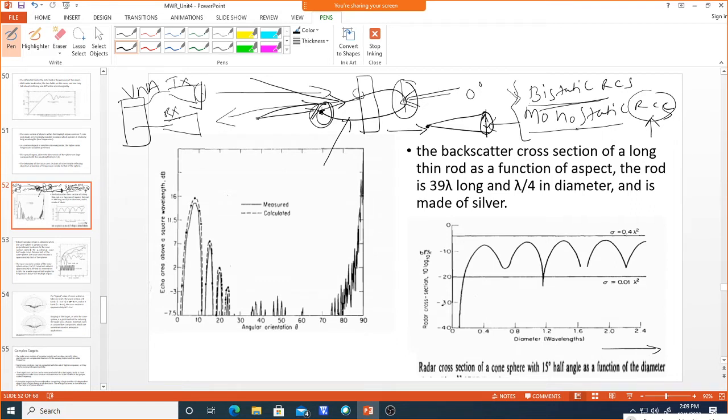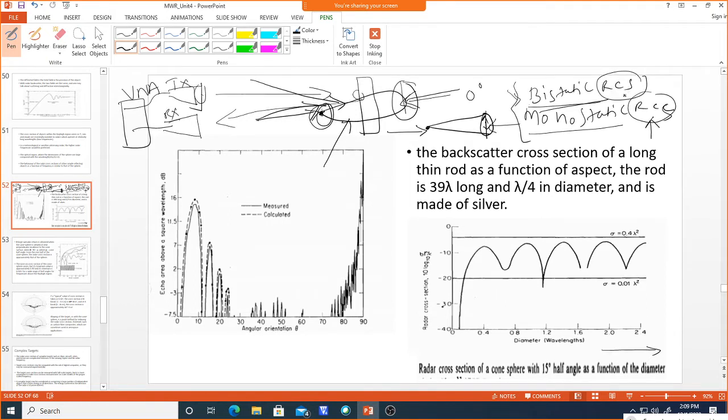Generally in any radar system, RCS is a very important parameter, and it should be reduced in any device. Why does it have to be reduced? If anything is considered a target, such as a ship or aircraft, then for the enemy it gives information based on the reflected signal.